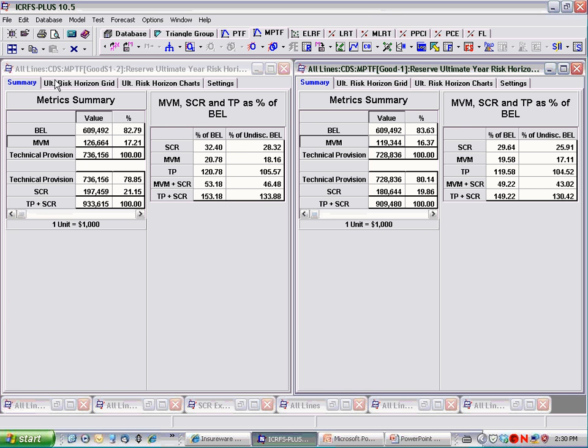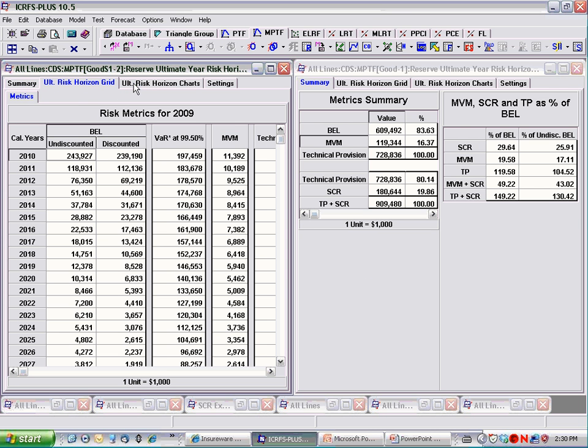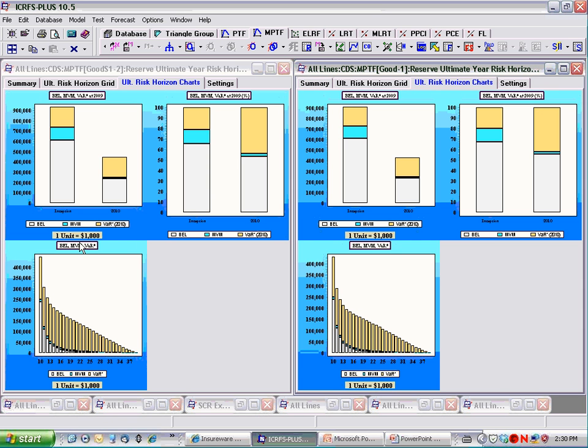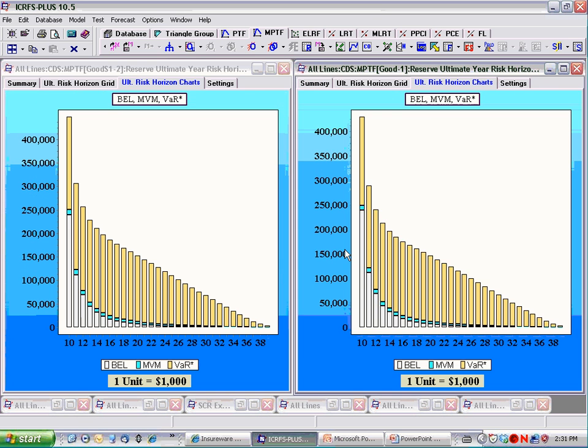And I think the differences, what's the difference in these VaRs? Well, let's see. 448 total, VaR 197 versus 180.